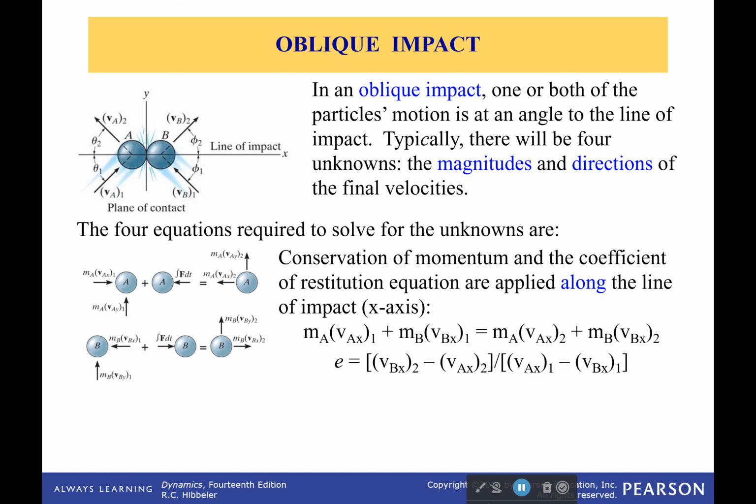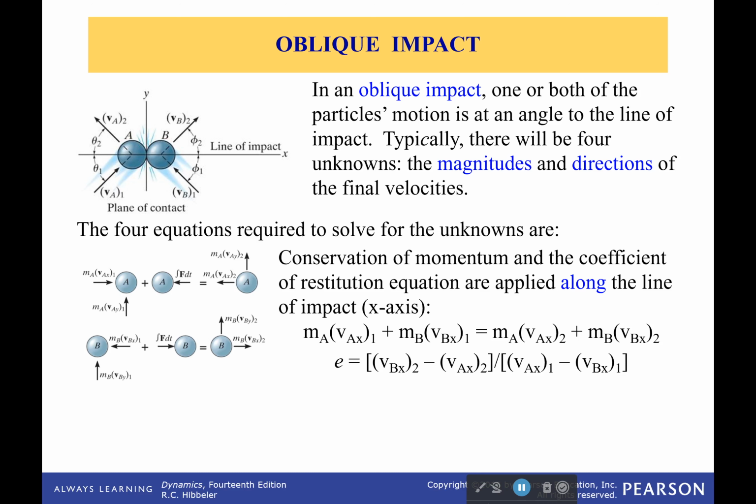We still have our first two from central impact. We can just ignore the velocity in the y direction. The x direction is usually the one we specify for the line of impact. Along the line of impact, we know that momentum is conserved, and we know that our coefficient of restitution is calculated from the final and beginning velocities.